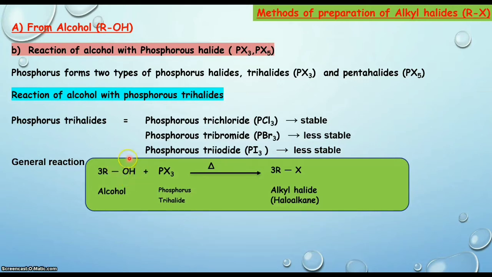So three hydroxyl groups of alcohols are replaced by three halogens, and that results in the formation of three molecules of alkyl halide. So on the product side, 3 OH and 1 phosphorus gives us phosphorus acid. So while studying this reaction of preparation of alkyl halide from alcohol and phosphorus trihalide, we have to take three molecules of alcohol.